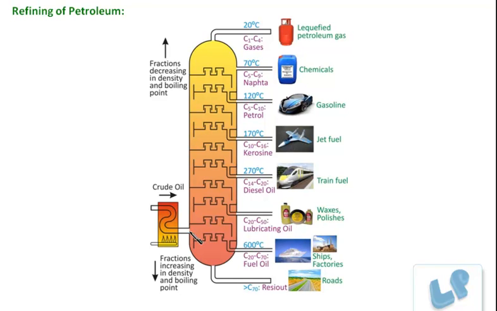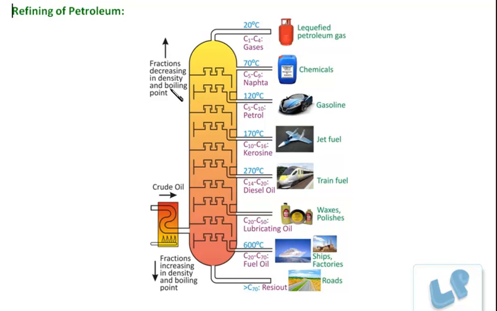Here the fractional distillation takes place in a fractionating column, a column in which there are different temperatures at different heights. Say it's 600 degrees centigrade below and 20 degrees centigrade above.